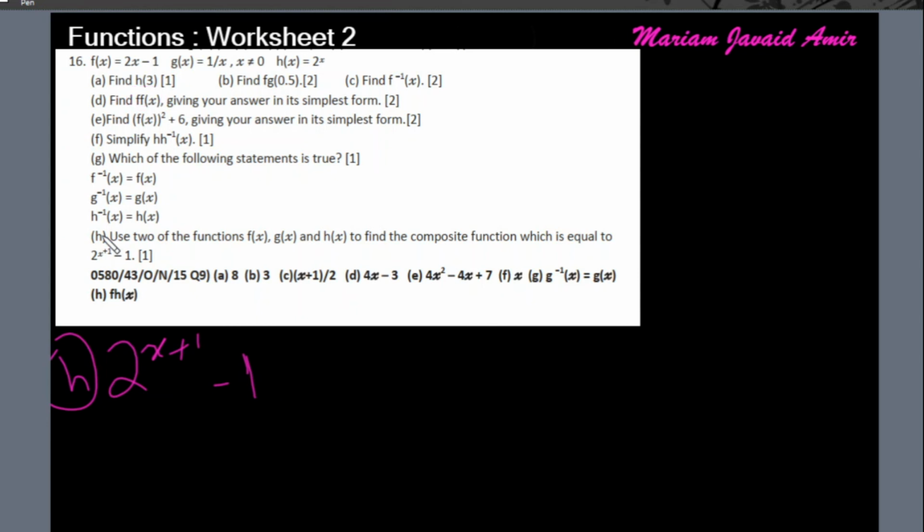So let's see how I can get to this given function. Look, we have f(x) equals 2x plus 1, and I need to change this into 2 to the power x plus 1 minus 1. So what can be done?